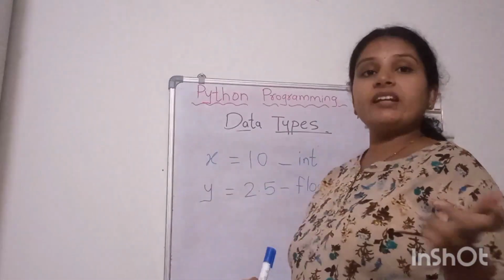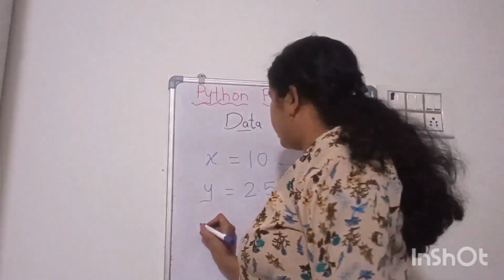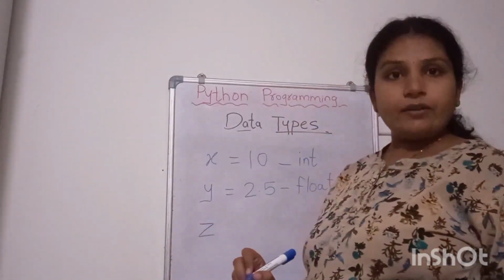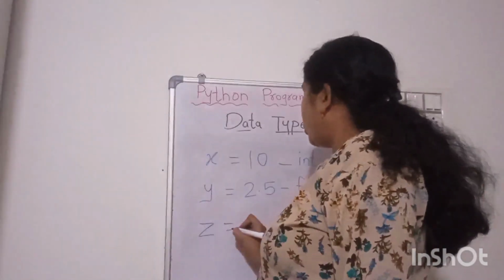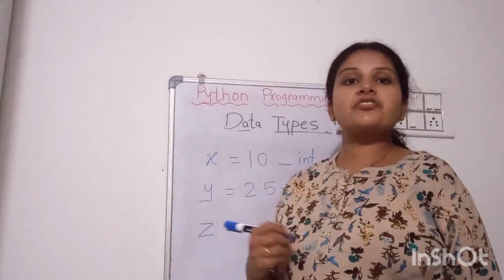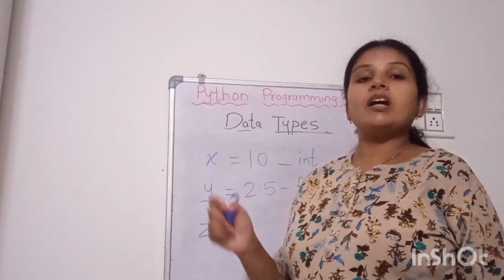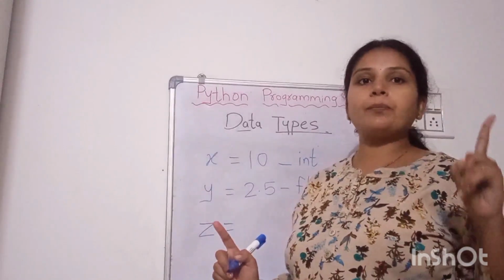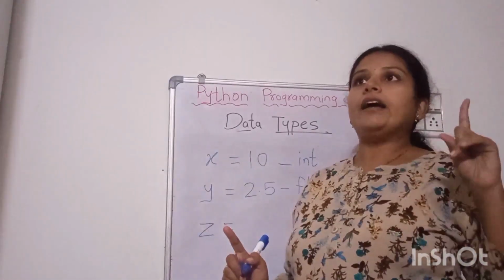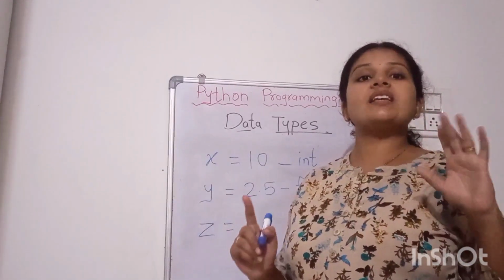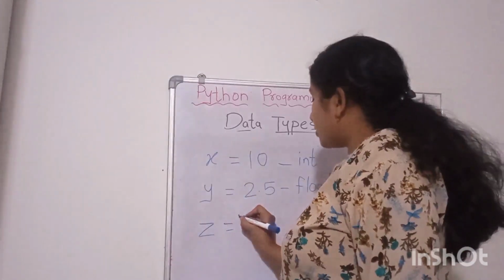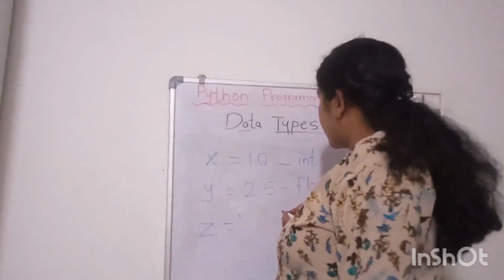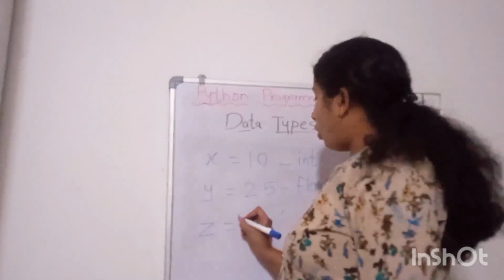Okay, let's take another example variable, that is z. z equal to, now I want to take a string, right? Here you need to understand that whenever you are printing any character, any alphabet, or you can say string, it must be enclosed within single quotes or double quotes.